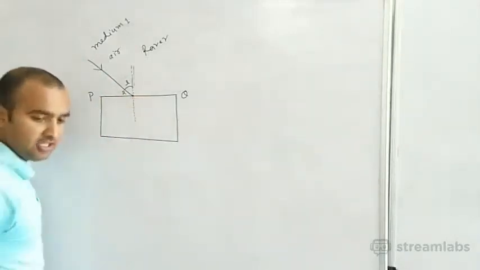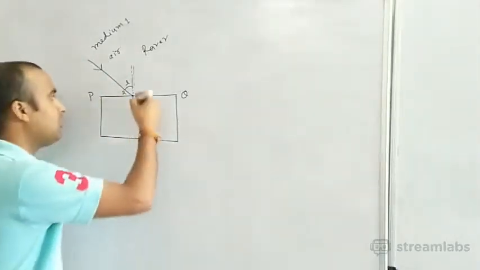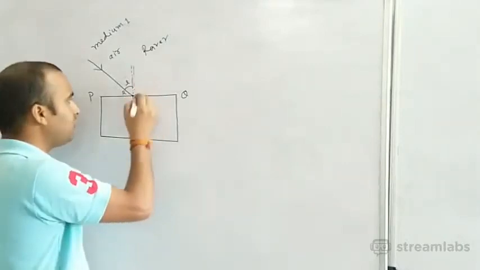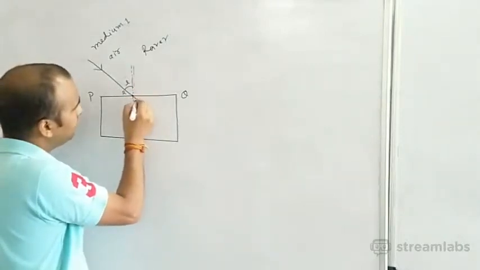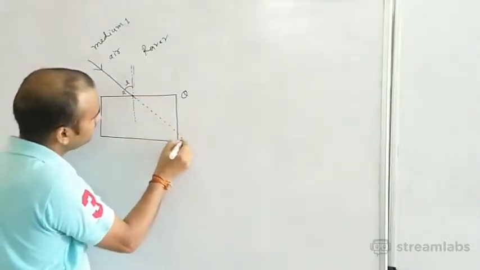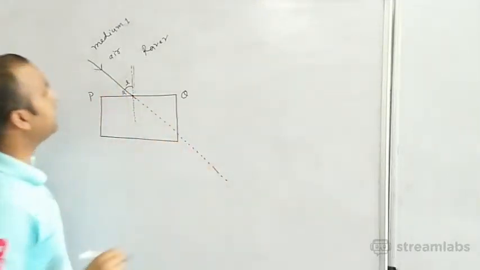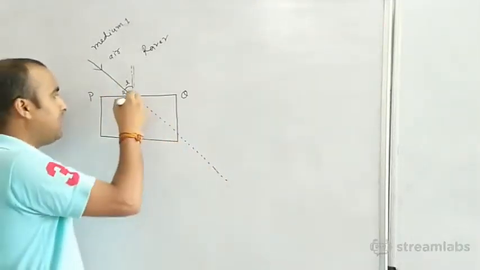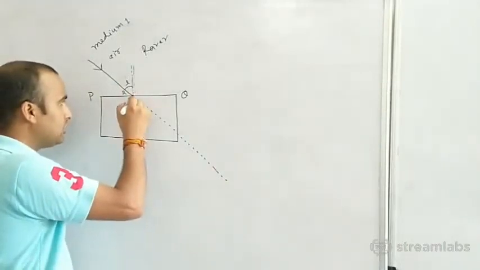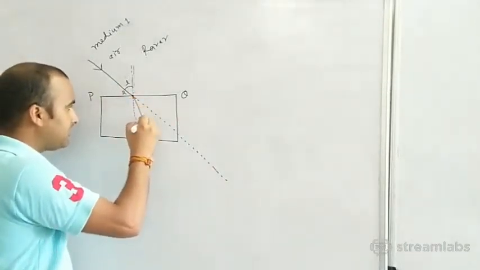If you see the original path of this ray, it is like this, but it bends towards the normal. So this is the path of the ray inside the glass.